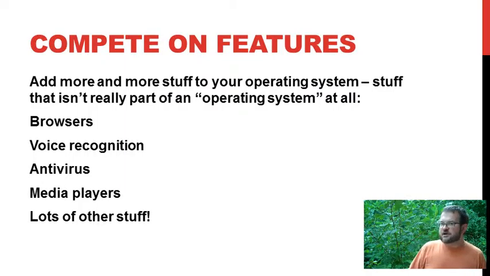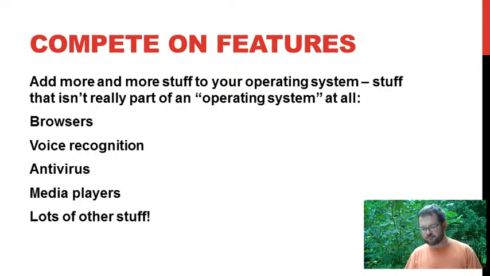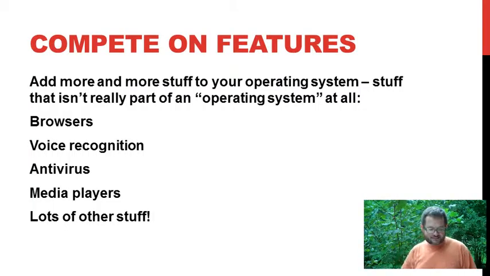Originally, Windows didn't have a browser, then it started shipping with the browser. It was something new they could advertise, they could sell it by. Voice recognition software, antivirus features, built-in media players, things like that. None of that has anything to do with the operating system, but it's something you can sell. You can sell your Mac OS because it has these things. You can sell your Windows because it has these things, and so on.